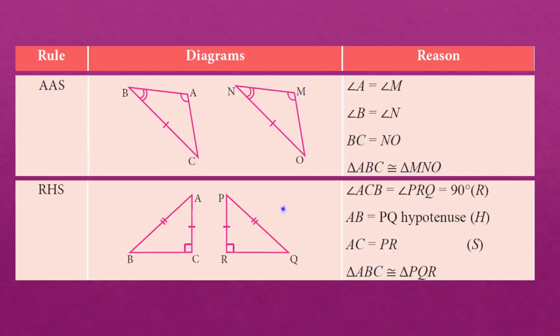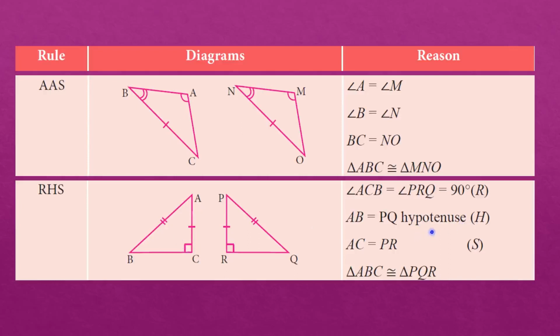In this, the names of the triangles are ABC and PRQ. Here angle ACB is equal to angle PRQ, that is equal to 90 degrees. That is written as R. R means right angle. Are you all able to understand this? Next one is the side which is opposite to the 90 degree angle, called the hypotenuse.